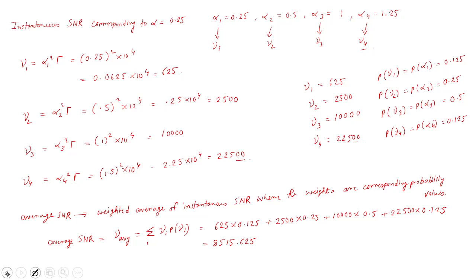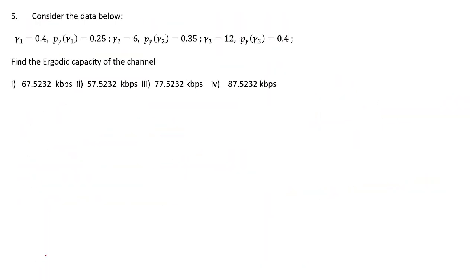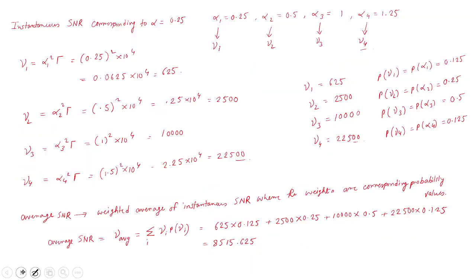Are the answers in linear scale also? No, they are in dB scale. So let me compute gamma average in dB scale, as we are already familiar with how to write this: 10 log base 10 of 8515.625. Let me calculate it.